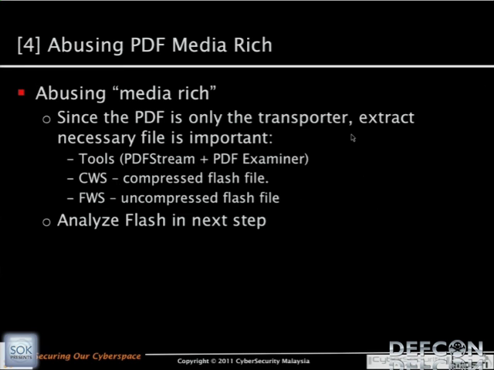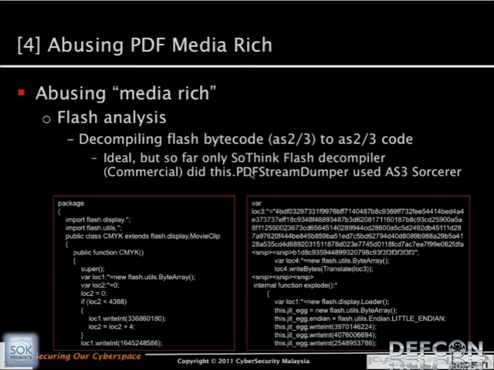Okay, so for tools, normally you can use PDF Stream Dumper plus PDF Examiner for this one. And then of course you can do Flash analysis later on to trace what really happened when you open the PDF. As we know, the PDF has an engine for Flash, right?